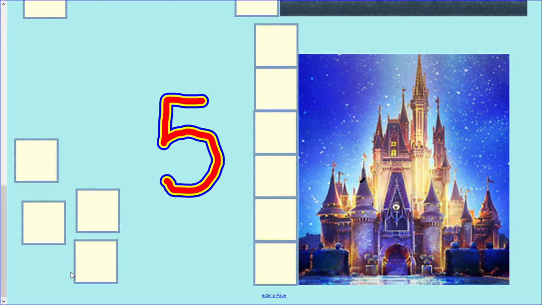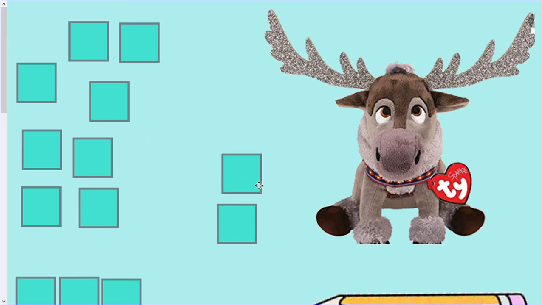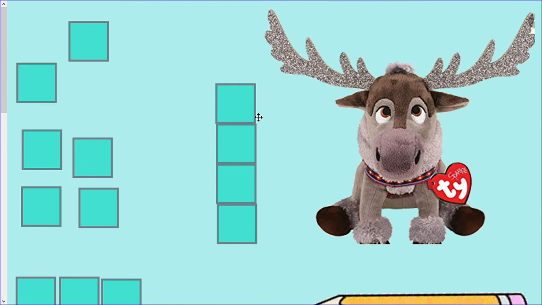Okay, what's next? Oh, we've got a Sven toy. So let's see how high he is, how tall he is. Match up with his feet. 1, 2, 3, 4, 5.